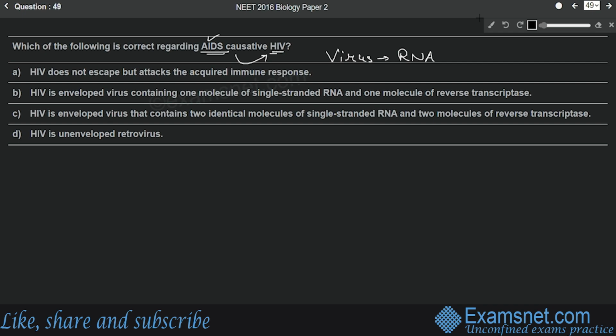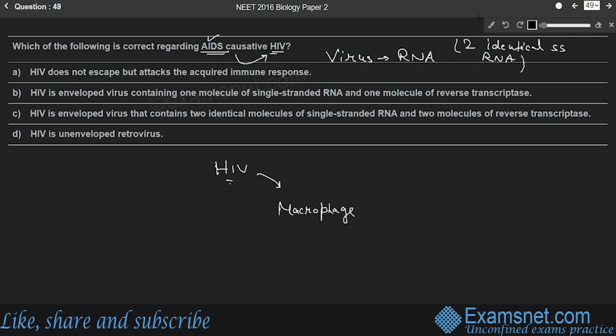Now, this HIV will bring two identical molecules of single-stranded RNA. Now, what will happen? This virus, that is HIV, will attack the macrophage cell of the human body. Which cell? Macrophage.